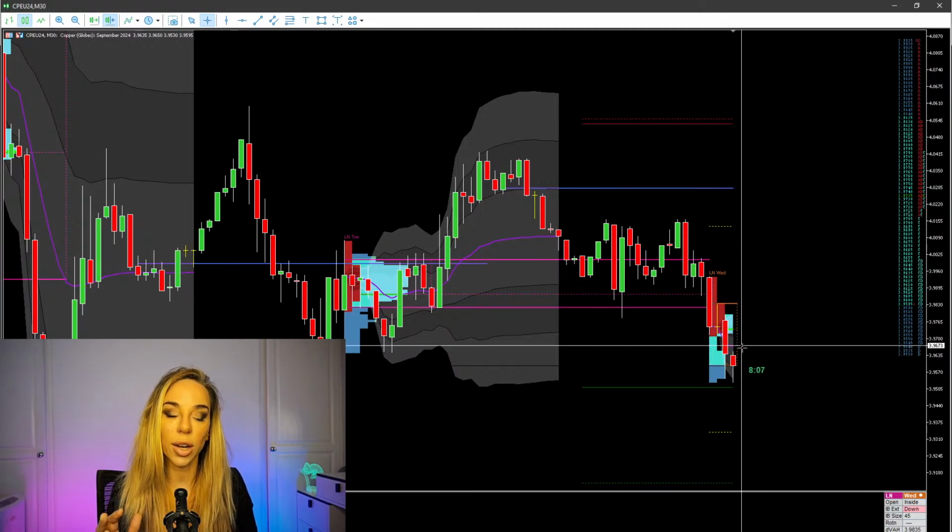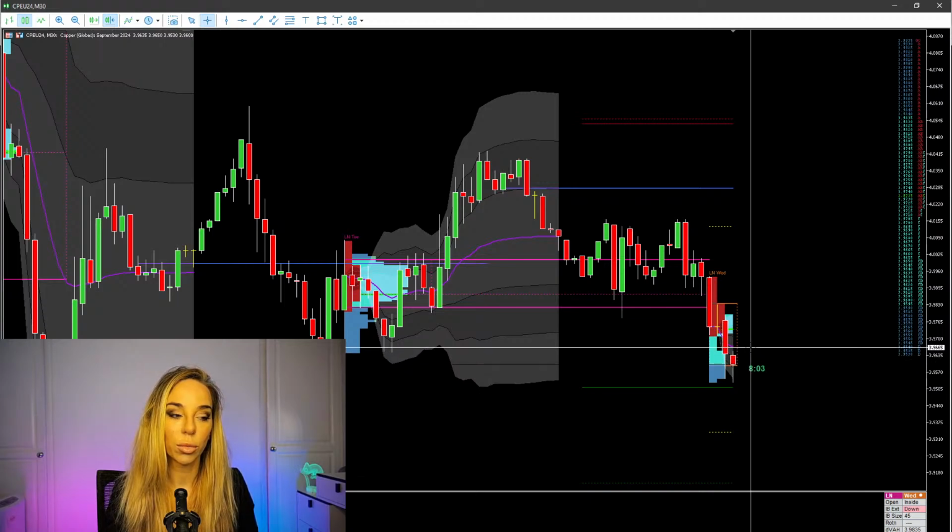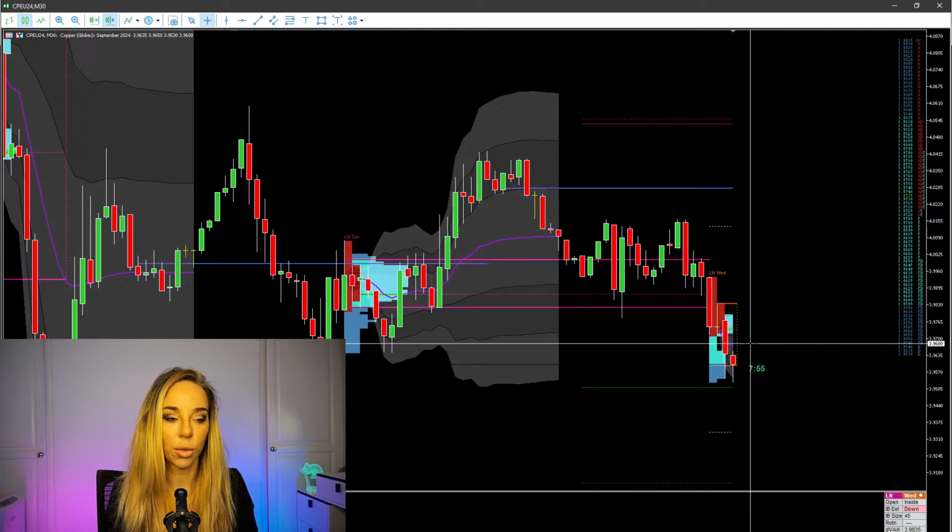Now this is a directional move, so ideally I wouldn't want to go against the directional move, but one time that I might do that is if we get a lot of volume going through VWAP in the other direction.